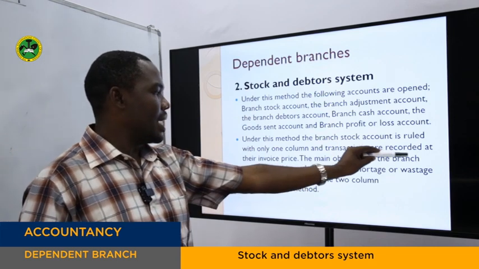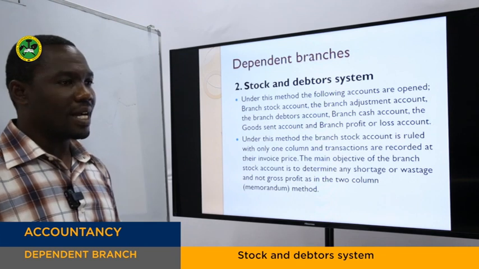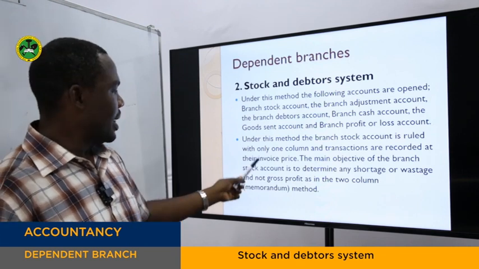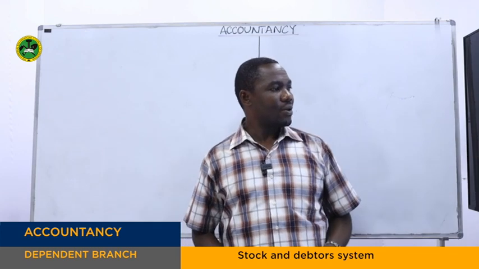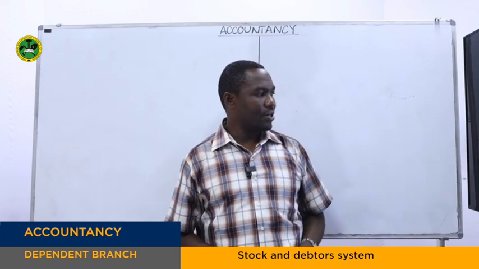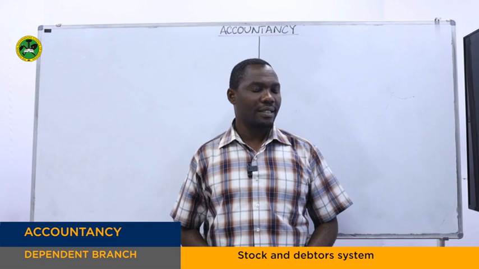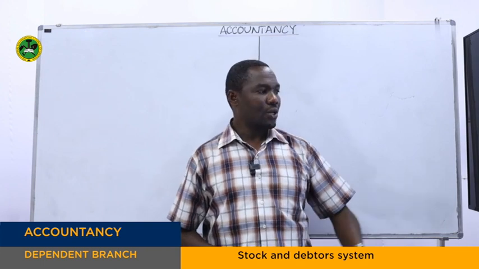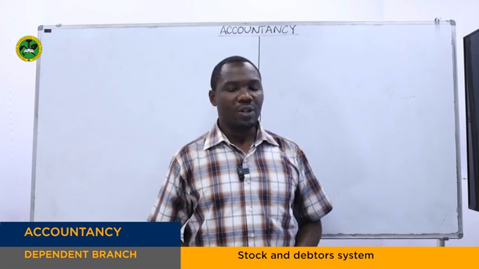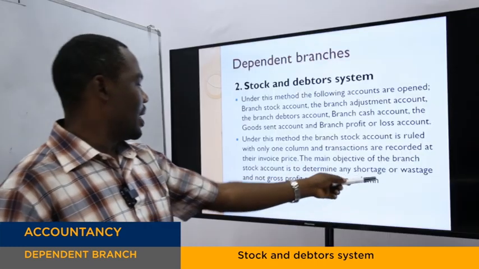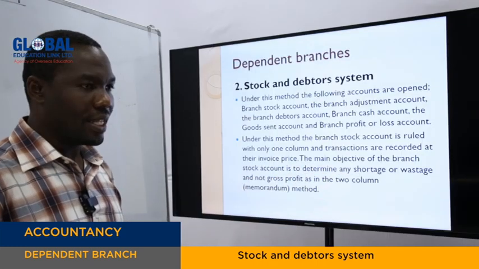And the transactions recorded in this account should be recorded at invoice price. So all transactions in this account will now be recorded at invoice price. Why? Because the main objective of this account is only to determine shortage or wastage, and not the gross profit.